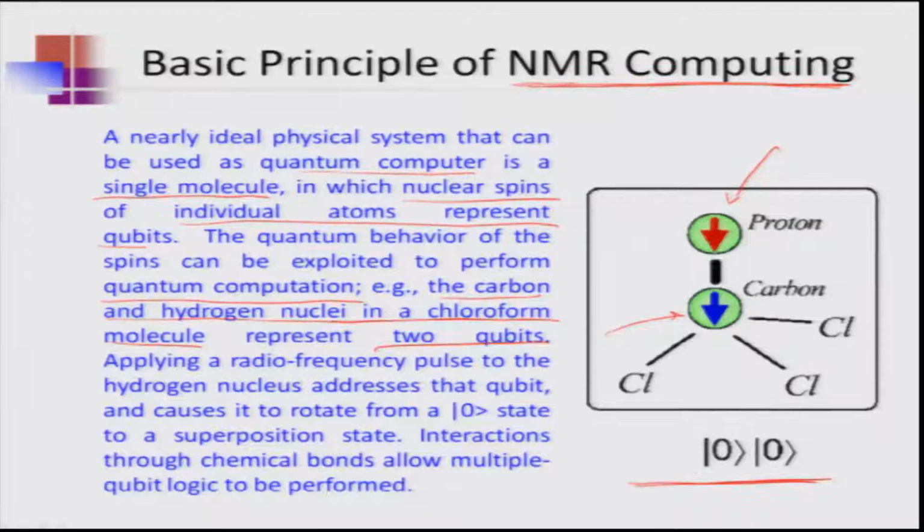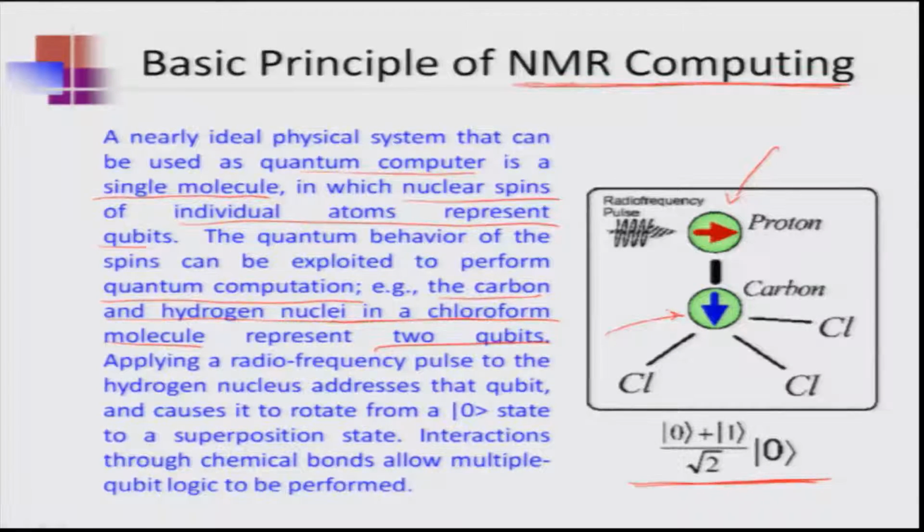But in order to do that, this preparation step, where I am going to have this particular proton only be in a particular orientation with respect to the other carbon spin, is a difficult step. That is my difficult step here, because there are many of these molecules. Only those who are in this kind of condition will be my chosen qubit.